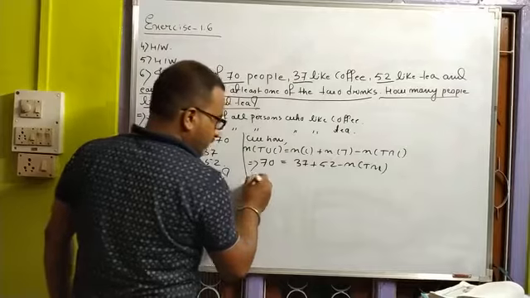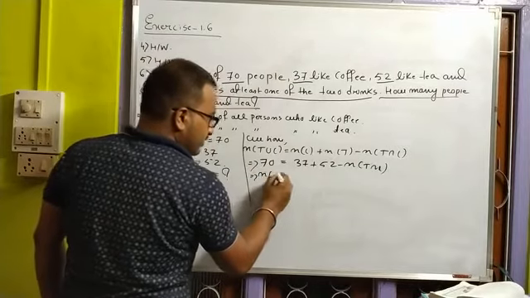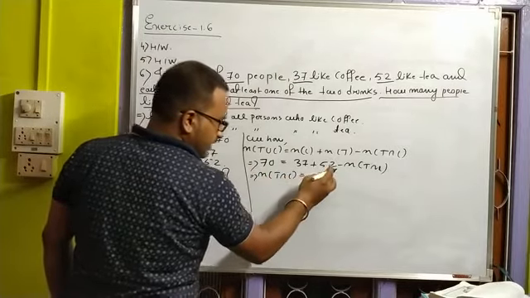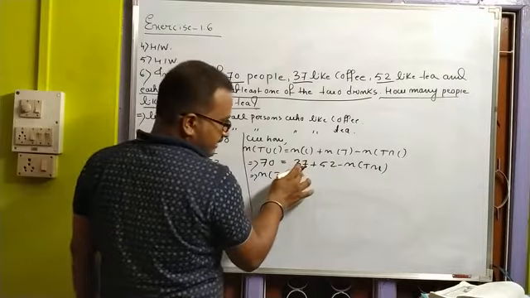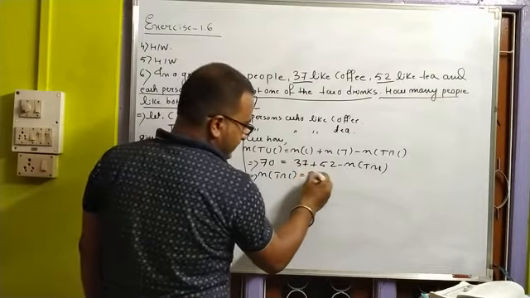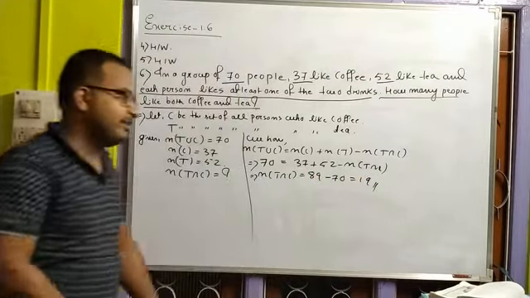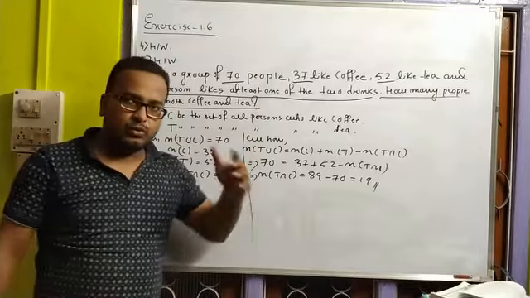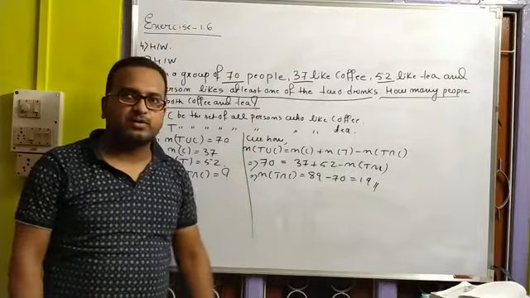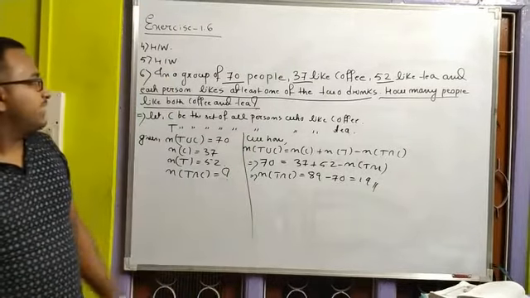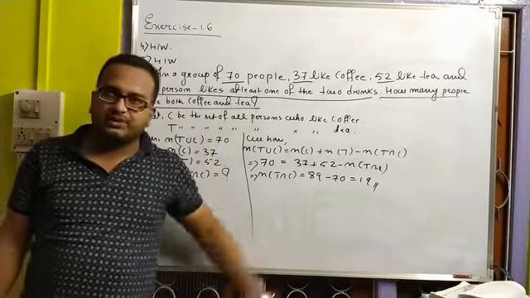Now you can bring this to that side. T intersection C is 89 minus 70. That means 19 persons are there who like both tea and coffee. So let us see the next problem. Before that, pause the video, note it down.